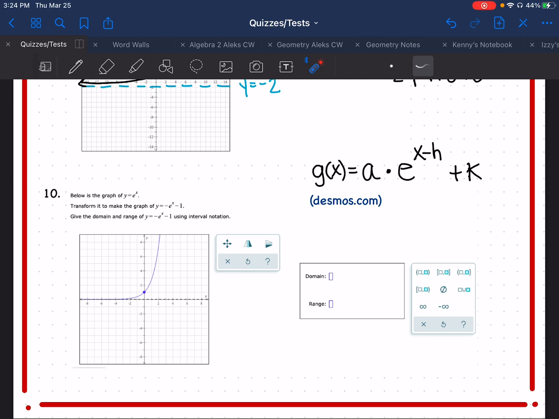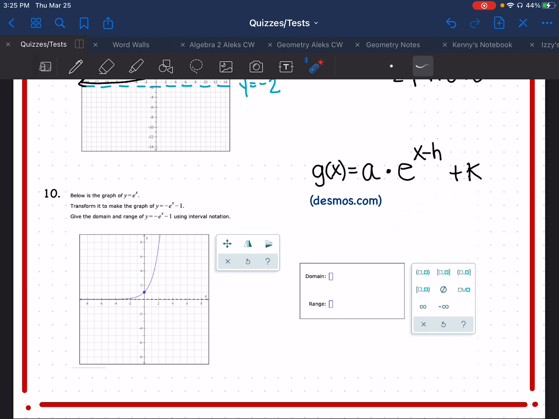The only thing that I've noticed for this question for A is if it's positive or negative. So do you have a negative E to the X plus 2? Or do you have E to the X plus 2? Right? And then sometimes, what I've also seen is when you don't have that, you have something like this.